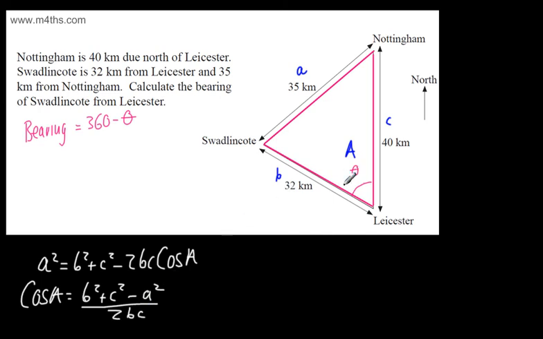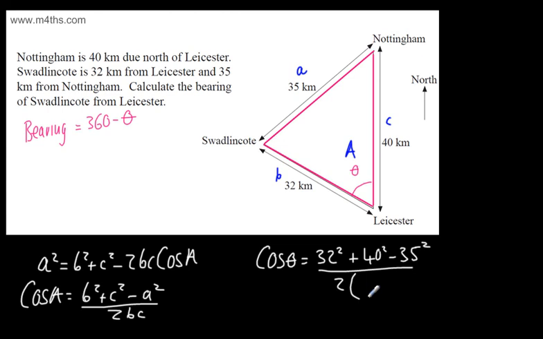I'm going to find this angle, and I can say now the following. I can write that cos theta is going to be equal to b squared, which is 32 squared. Then we're going to have plus c squared, which is 40 squared, minus a squared, which is 35 squared, and that's all over now 2 lots of b, which is 32, multiplied by c, which is 40. So let's get a value for cos theta.